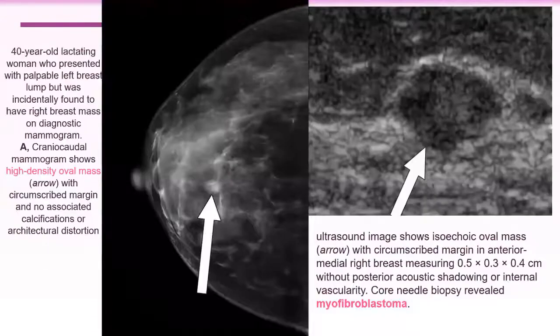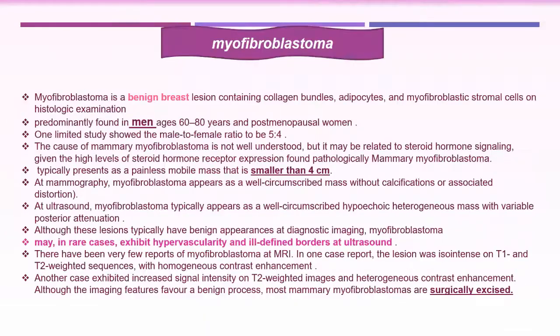And these are examples of high density small lesions. Also a mimicker on ultrasound, and a benign entity called myofibroblastoma, part of the stromal component of the breast. However, it is more common in males than females.